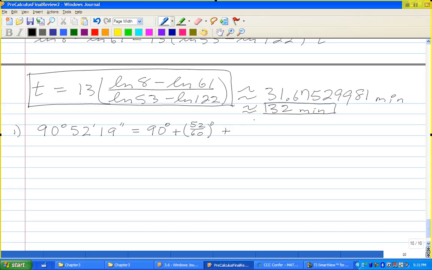There are 19 seconds. Again, there's 60 seconds in a minute and 60 minutes in a degree.